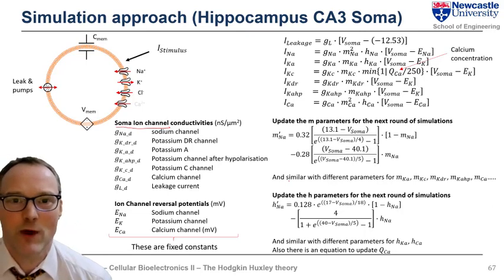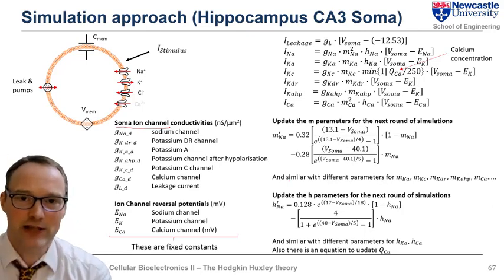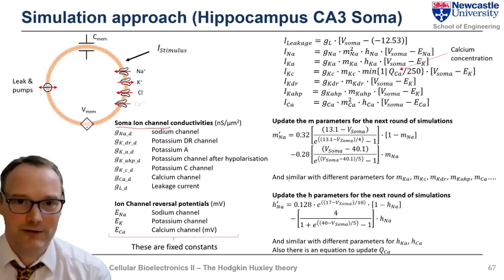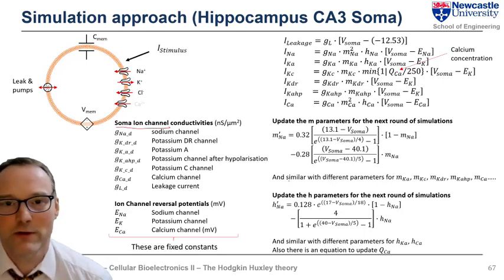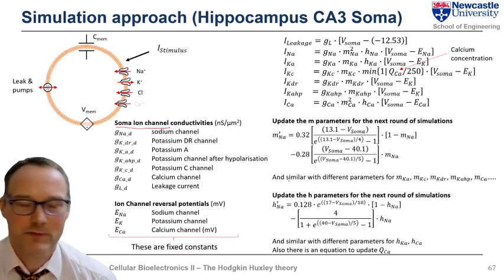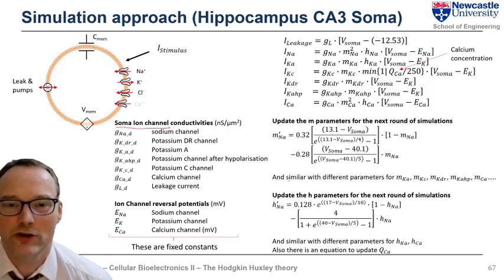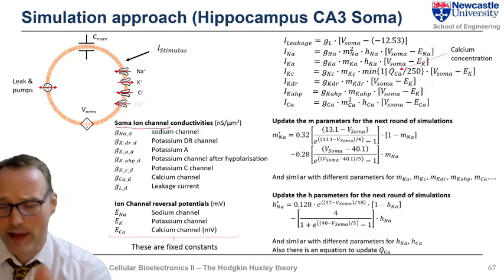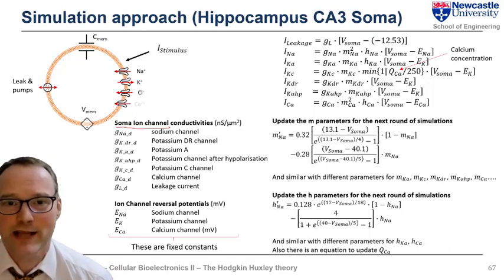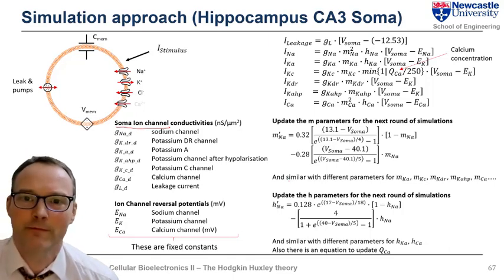It's this fixed equation: the change in voltage is equal to the summation of these conductances with the previous voltage difference between the Nernst potential and the voltage across the membrane. And then you iterate each one in time, and then you add them all up.